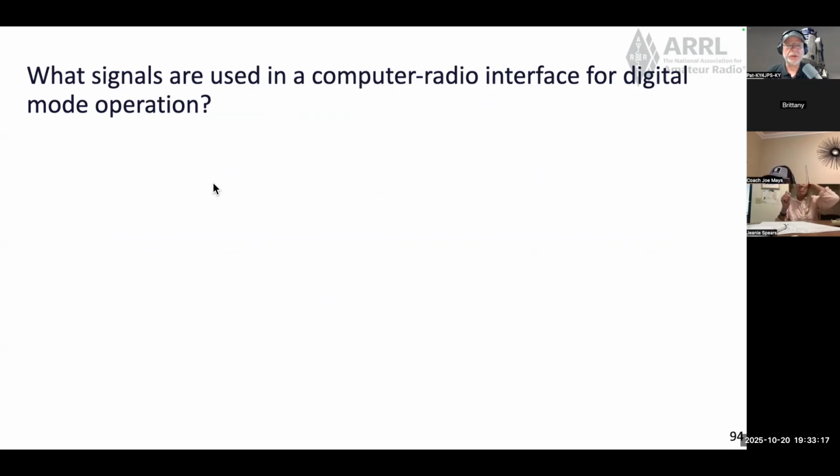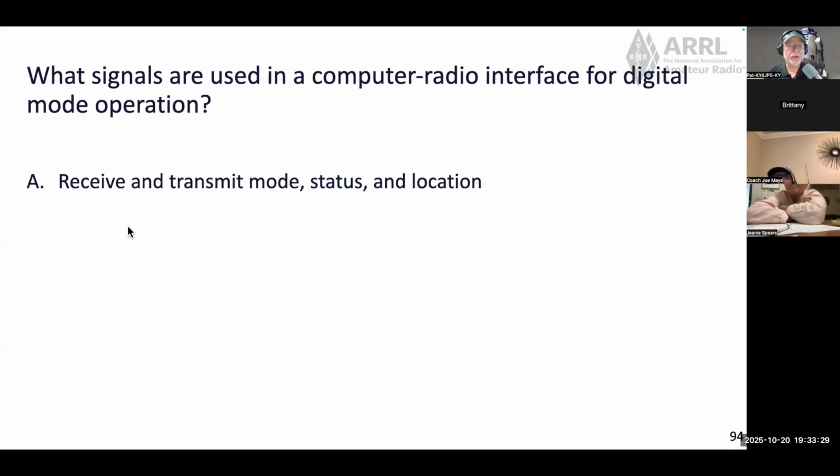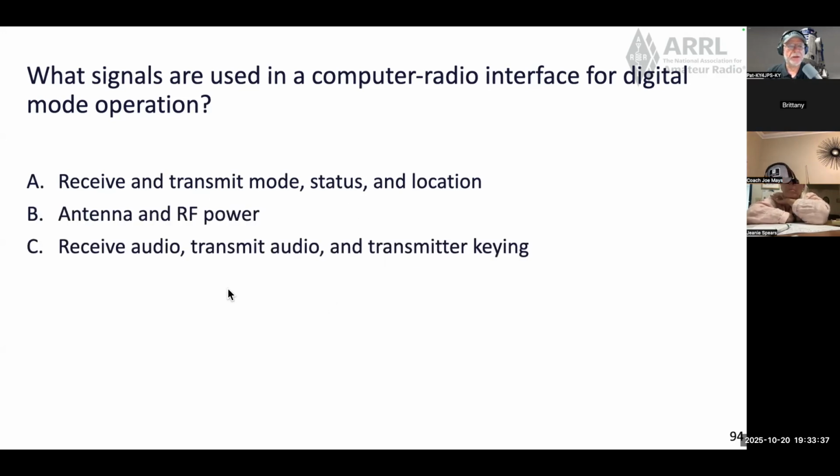What signals are used in a computer radio interface for digital mode operation? Well, think about it. What kind of signal is the radio going to send out and receive when it's connected to a computer? Is it going to be receive and transmit mode, status, and location? Is it going to be antenna and RF power?